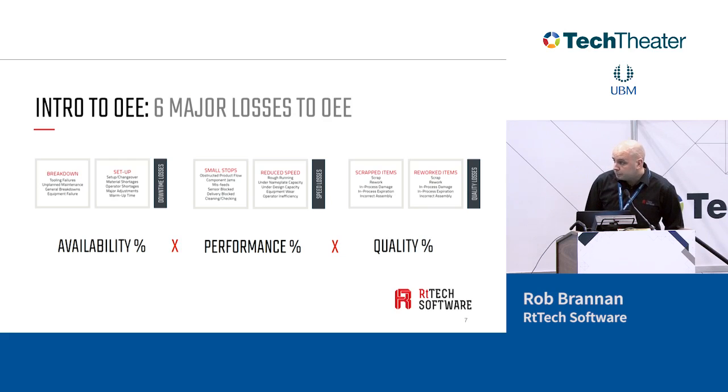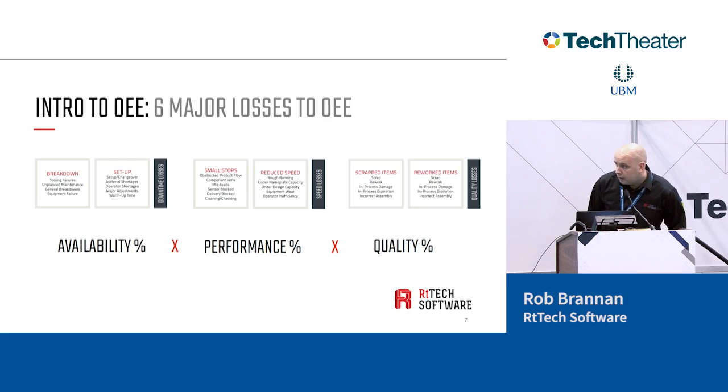Essentially, it's broken down into what they call the six major losses. So on the left-hand side, under the availability element of OEE, we have things like breakdowns. Typically they're things like tooling failures, unplanned maintenance, general equipment breakdowns that may occur as your process is taking place.